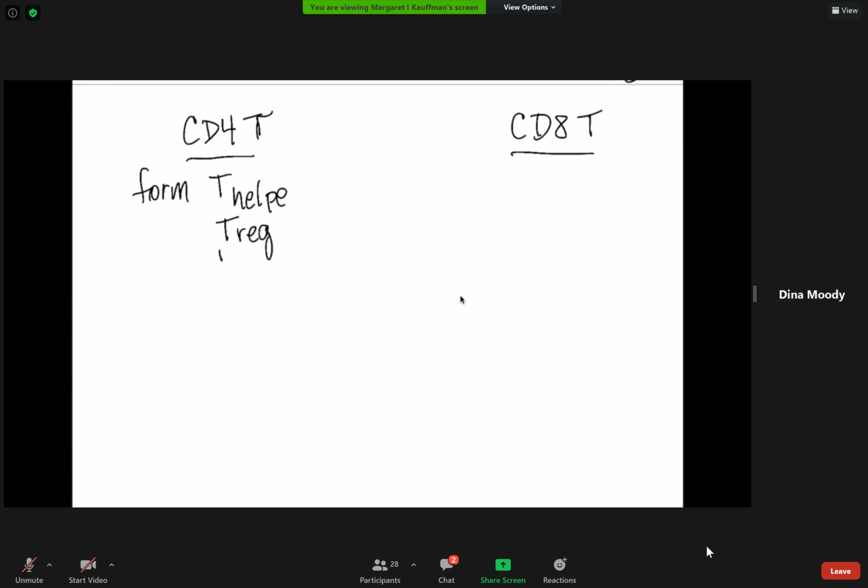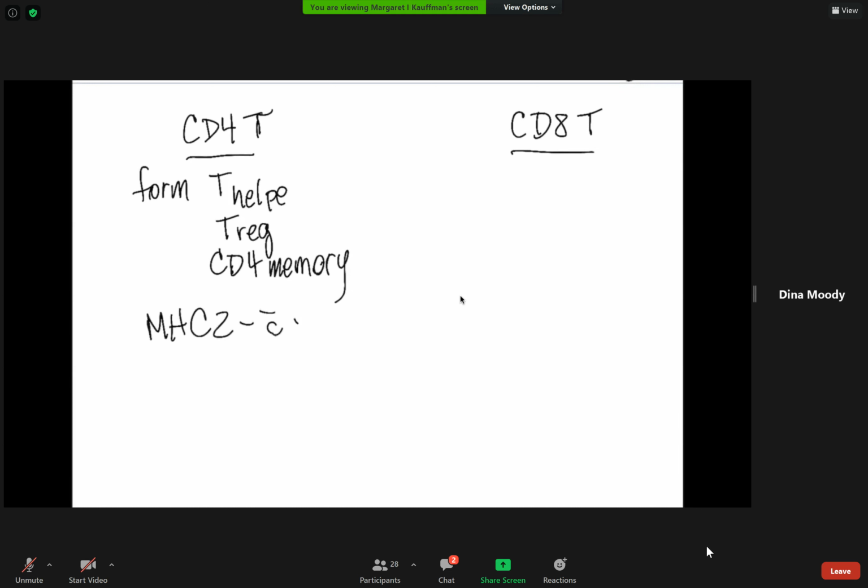CD4 T cells require MHC2 and exogenous antigens on the dendritic cells to differentiate. The activation sequence begins with double recognition and subsequent binding to the dendritic cell's MHC2 antigen complex. The release of interleukins between the dendritic cell and the CD4 cell results in co-stimulation.